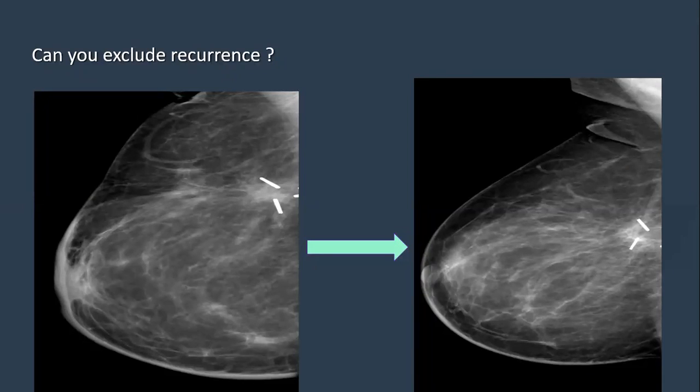If you have large coarse calcifications in that area with fat necrosis, a ball of calcifications due to fat necrosis at the site of operation, and you have a follow-up, how are you going to look at those calcifications as a predictor for recurrence?